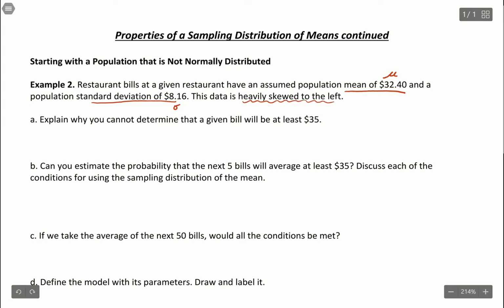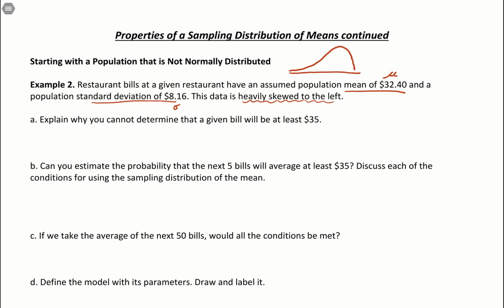So what that would mean in terms of a picture is if we had all of these restaurant bills, they would look something like this, which with a left skewed graph, we really don't have the means of calculating probabilities with that. We always want to have a bell-shaped curve. So our first question asks, explain why you cannot determine that a given bill will be at least $35.